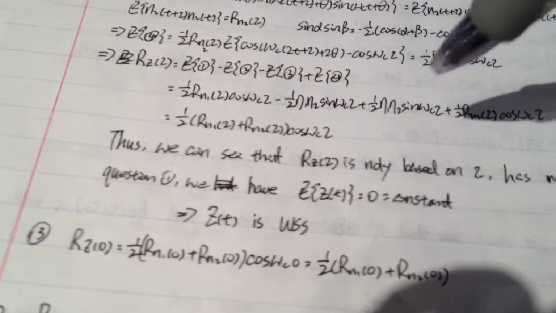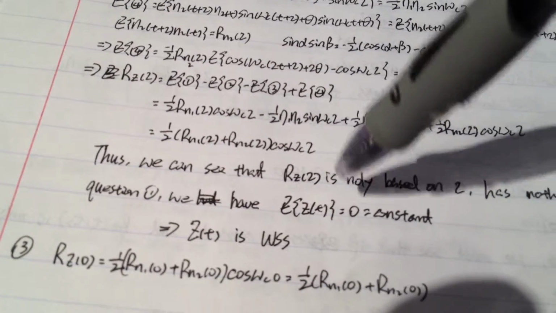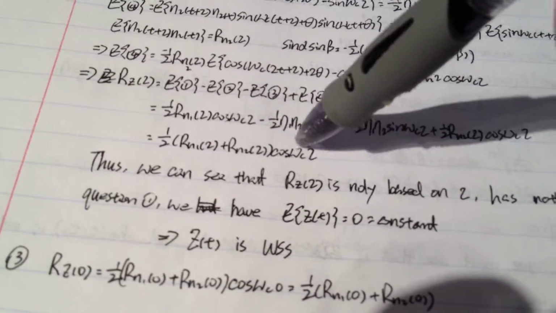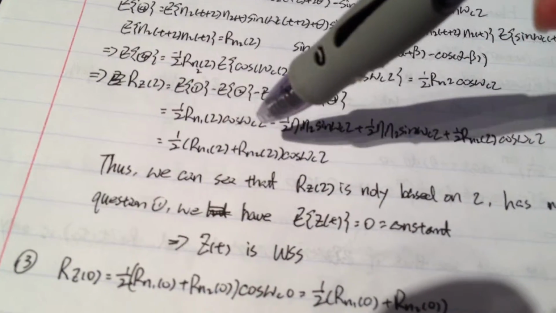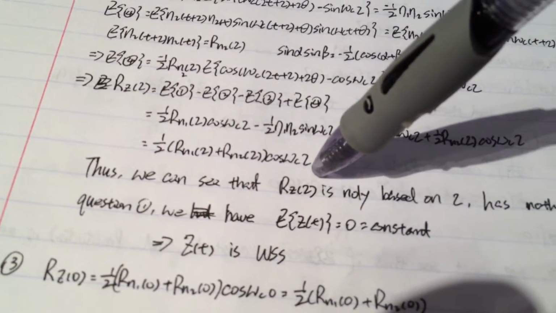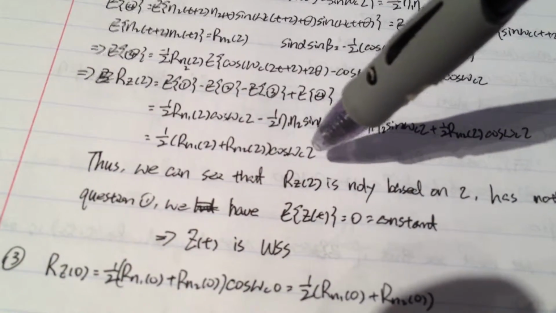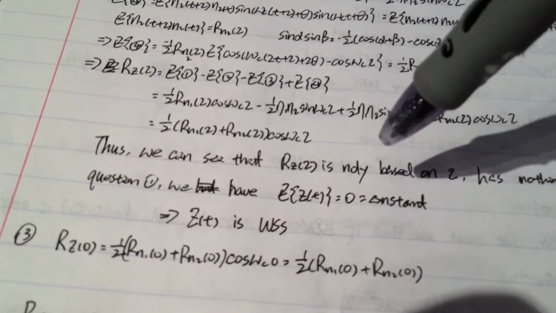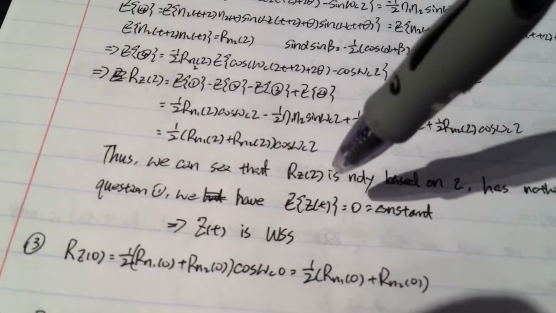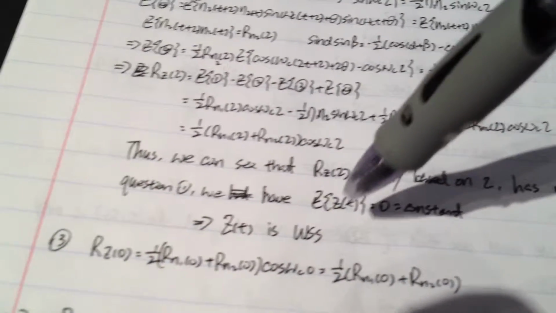So we can easily see that the autocorrelation of z is only related to tau, and these two parts are just constants, and omega c we can see as a constant, so it only relies on tau and has nothing to do with t, so we can see zt is wide-sense stationary.